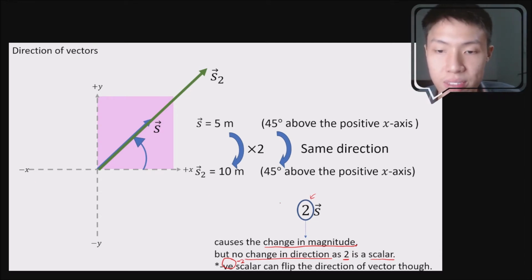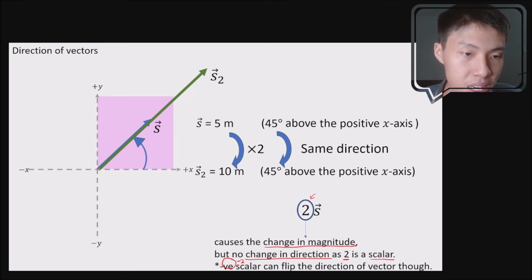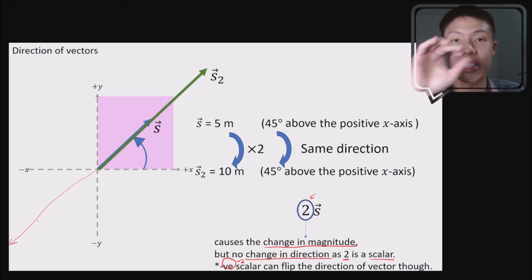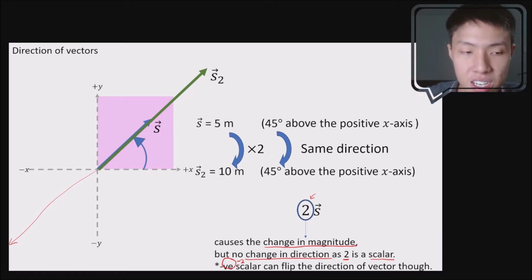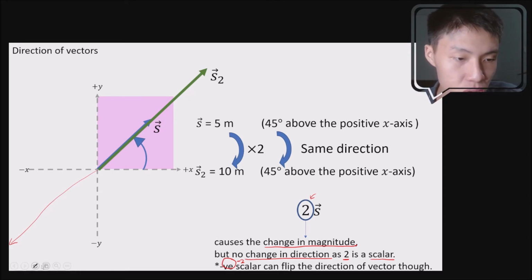So let's say if this is -2, then -2 will be pointing somewhere this side with the exact same length as S2, but in the opposite direction, because the negative will flip the direction. Okay, so just something to be careful about.